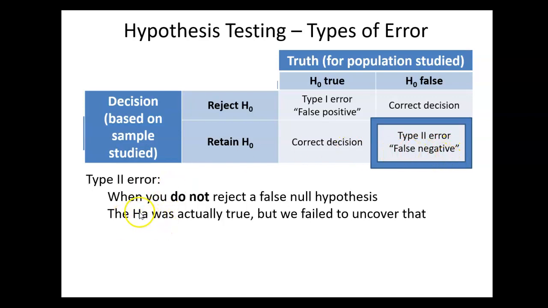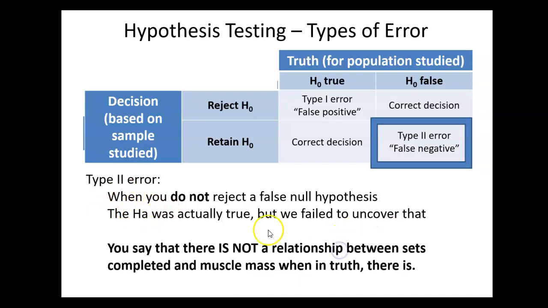So our alternative hypothesis, which might have been lifting with 5 sets compared to 3 sets, would result in greater muscle growth, but we didn't actually find that, so we would have to reject our alternative hypothesis and accept our null. So in this case, with a type 2 error, you say that there's not a relationship between sets completed and muscle mass, when in truth there actually is.